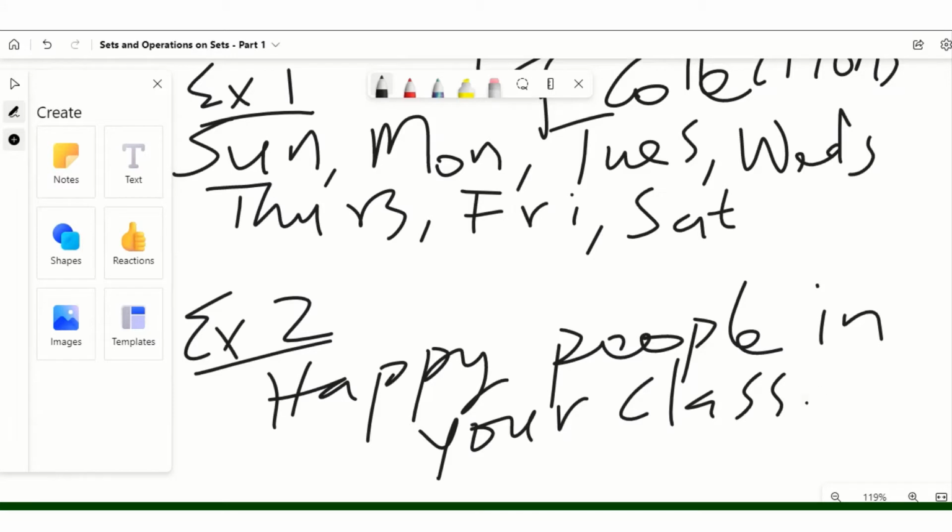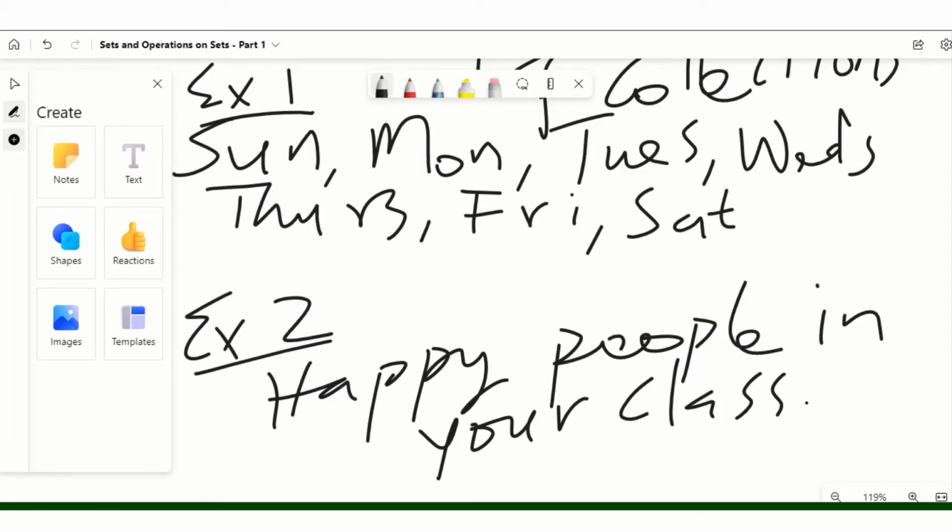Okay, that's another collection. Now, the first example is the collection of days of a week, which you are correct if you guessed it right. Now, in the second example, the term happy people is relative. When we say something is relative, it depends on certain factors.